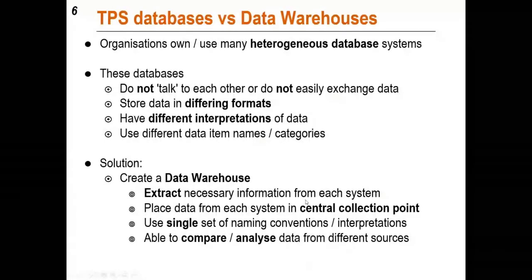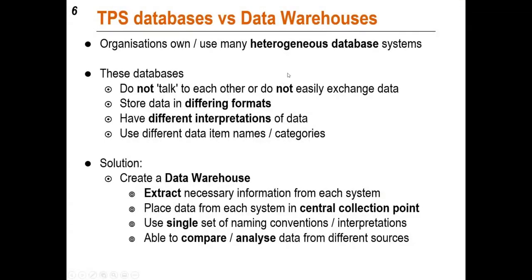Right. So the other main reason why we need a data warehouse apart from that is because organizations have heterogeneous types of database systems, because different vendors will supply different types of databases, because we can't rely on the same vendor to supply each and every database or each and every application for a company.